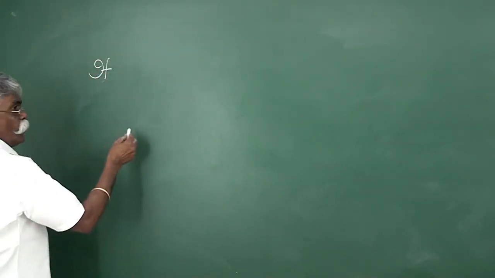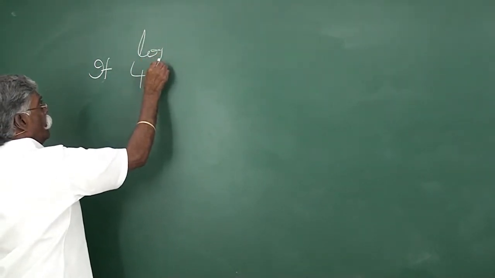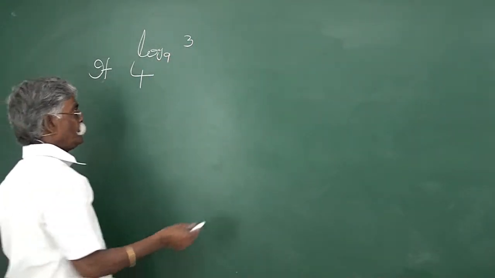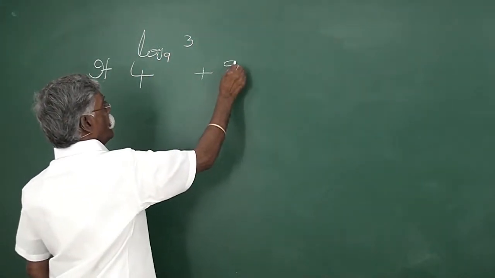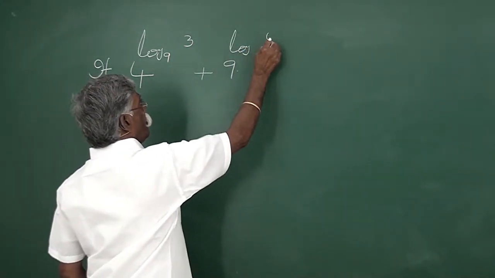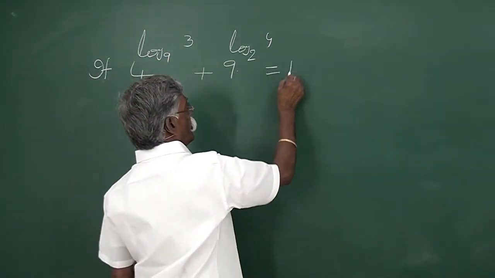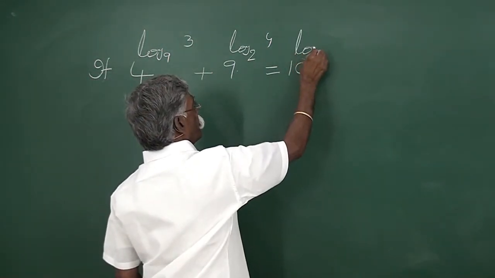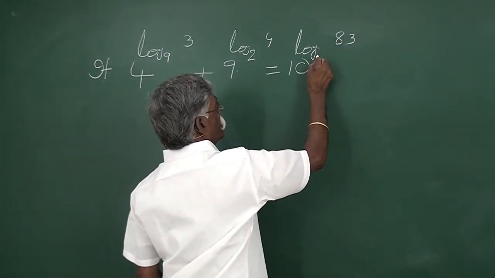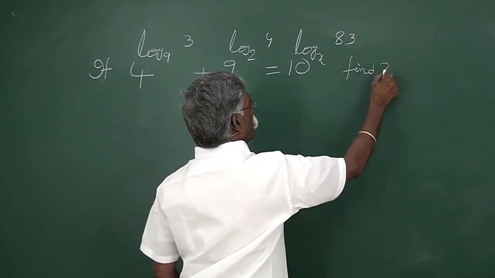If 4 power log 3 base 9 plus 9 power log 4 base 2 is equal to 10 power log 83 to the base x, find x.